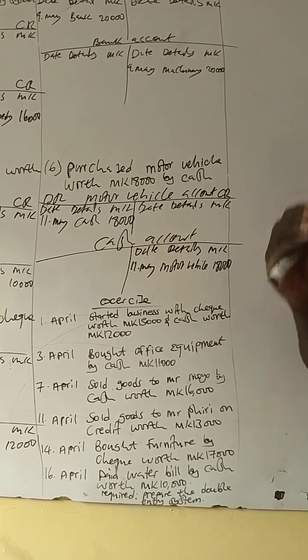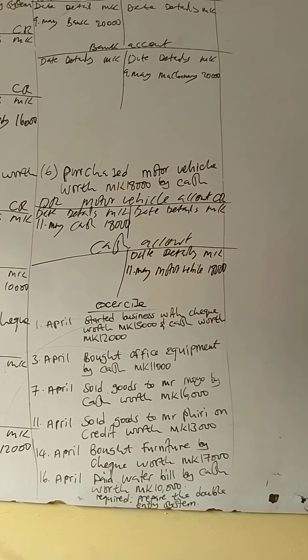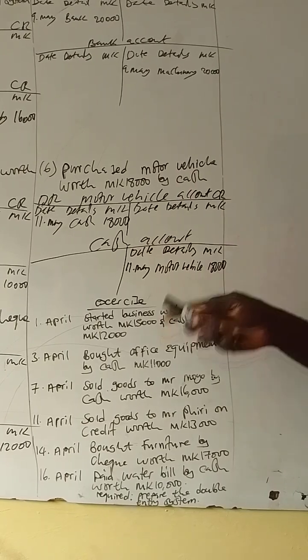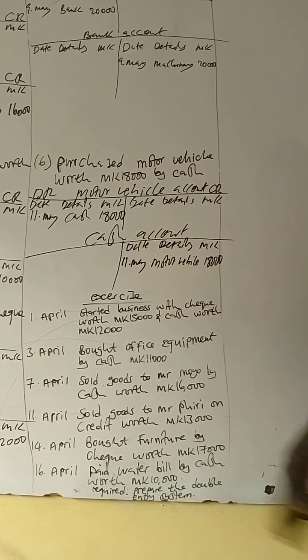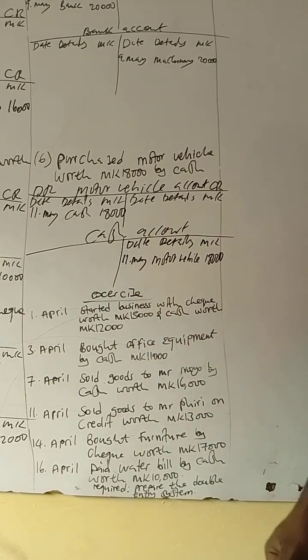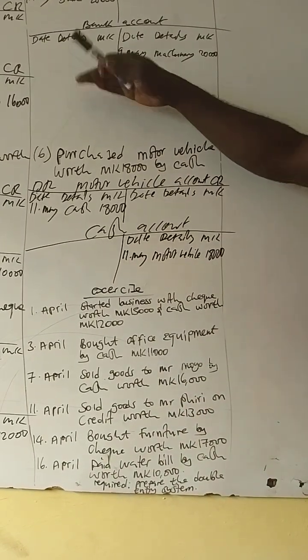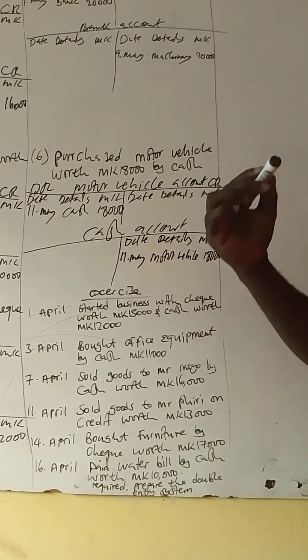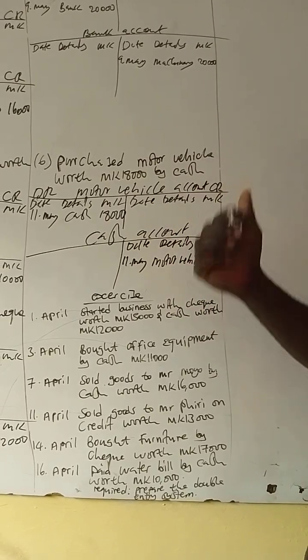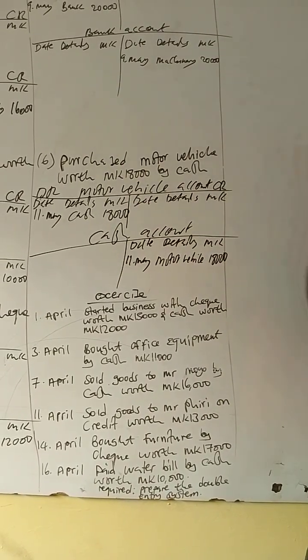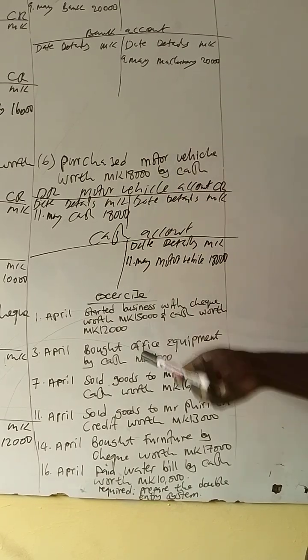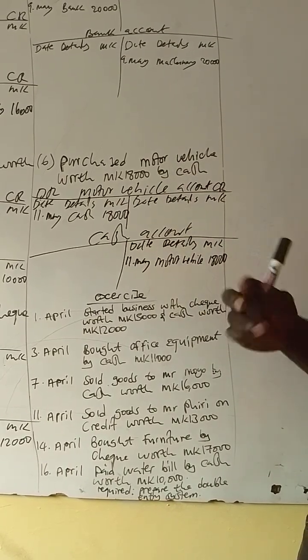If an account receives, you must debit that account. And if an account gives, you must credit that account. That is the secret of the double entry system. Now, it is the foundation for you to prepare the statement of profit and loss. Because soon after this, on Monday, we start the statement of profit and loss.